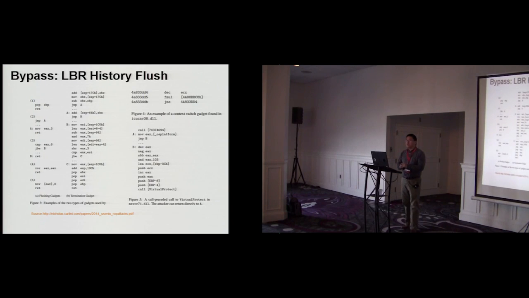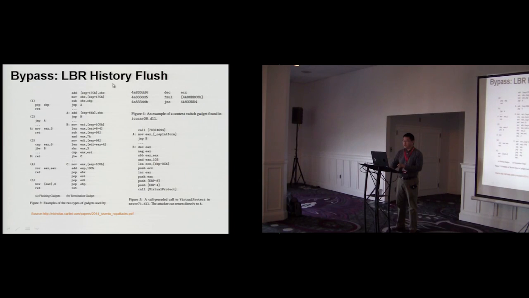So the basic idea to bypass kBouncer here is the LBR history flush. This is exactly the idea from Nicholas. Nicholas from UC Berkeley published a paper about this kind of research. He used a couple of different ways to bypass the LBR with the history flush.